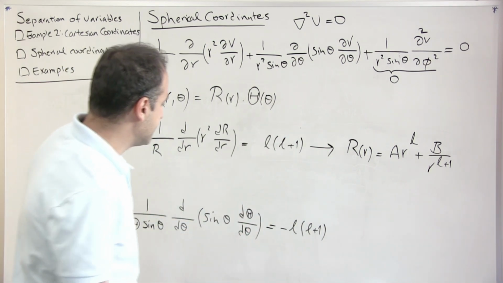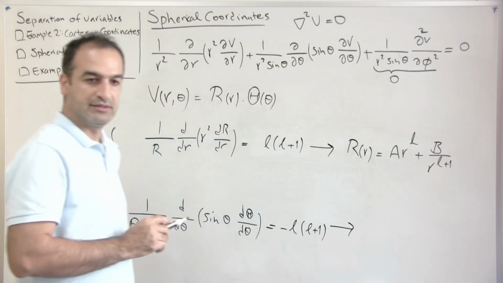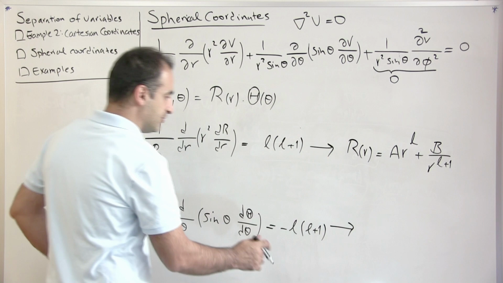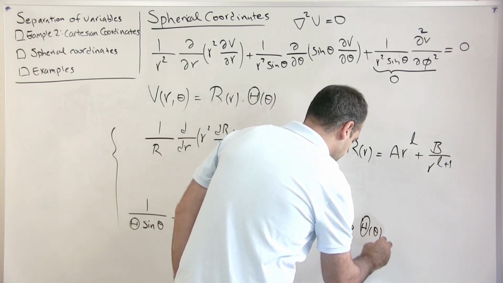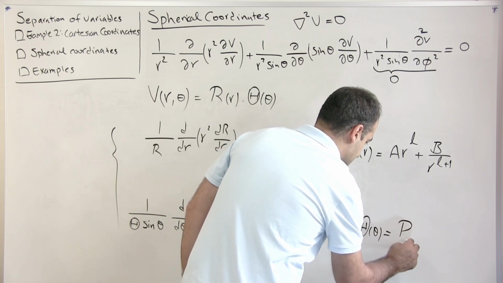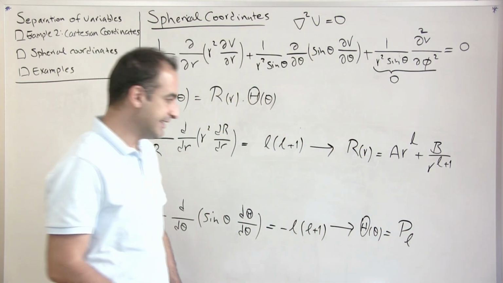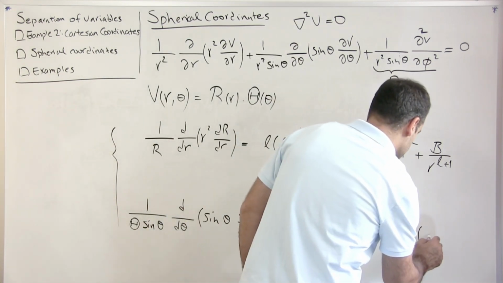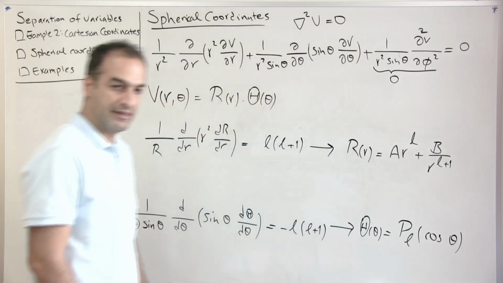The general solution for the other one is a little more complicated, but there is a function, Legendre polynomials. The solution of this equation, theta of theta, is a Legendre polynomial of order L in the variable of cosine theta.